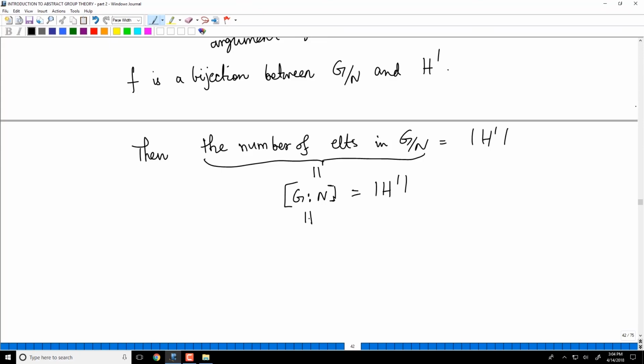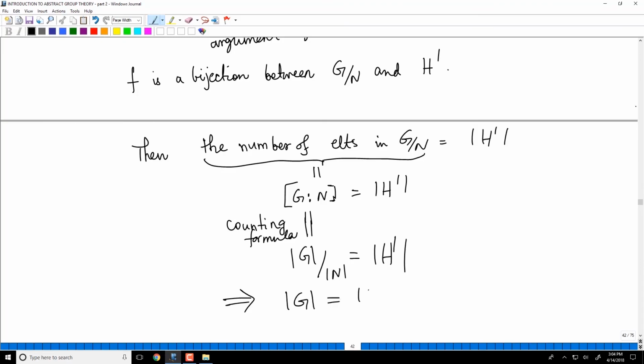But what is G colon N? By the counting formula, which I recorded at the beginning of this video, G colon N is equal to the order of G divided by the order of N, which is equal to the order of H prime, which implies the order of G is equal to the order of N times the order of H prime, as desired.